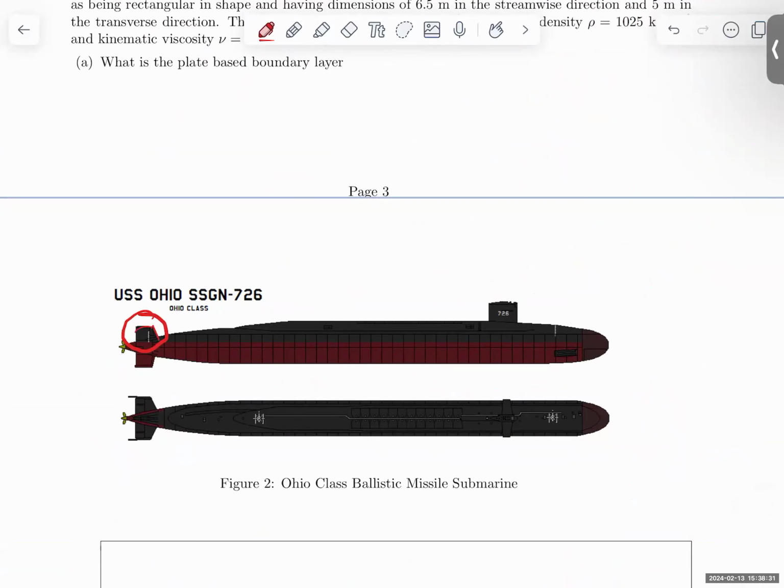So you have a control surface here, and it's kind of the same thing, but what's distinctly different is the Reynolds number, UL over nu. They're floating through the same water, so nu is the same. But the Ohio class sub is going much faster than that AUV, and the surface itself is much bigger than the AUV surface. So this will mean much higher Reynolds numbers, and it will throw us into the turbulent regime.